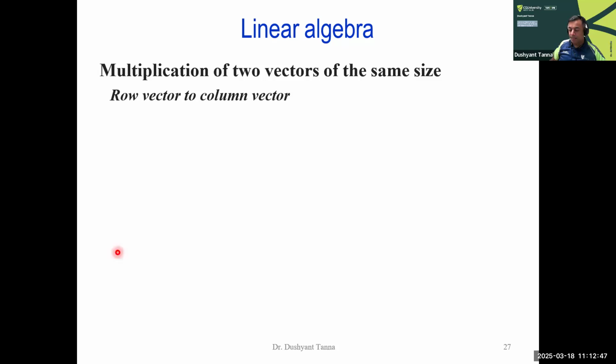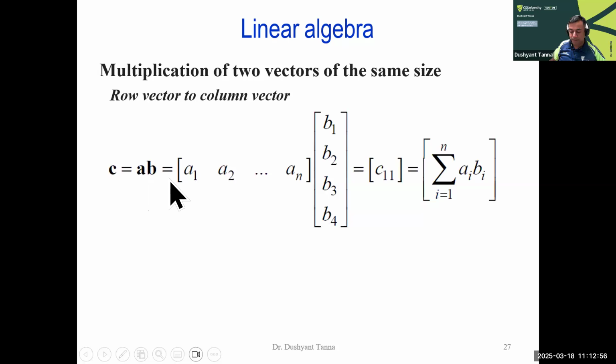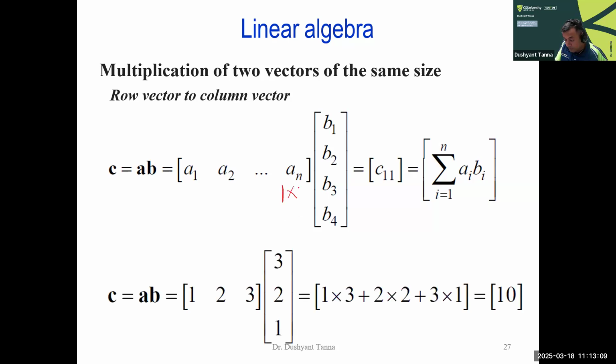Okay. Multiplication of two vectors of the same size, right? So a row vector times a column vector. Let's say you got a row vector that has only one row. What is the dimension of this matrix? One row with n columns. This is n rows with one column.